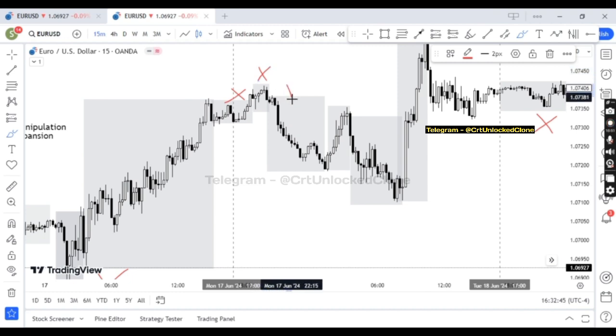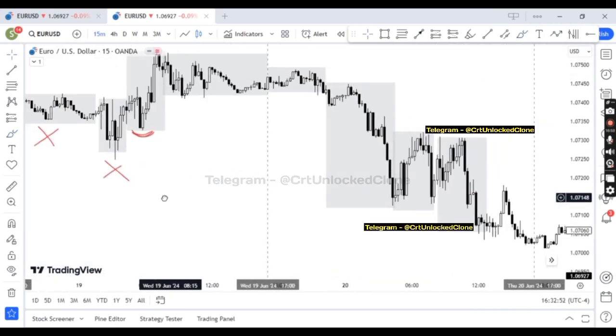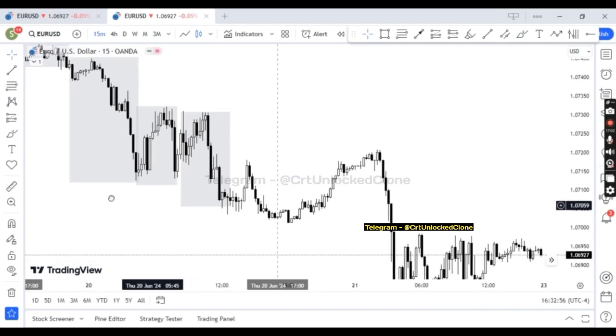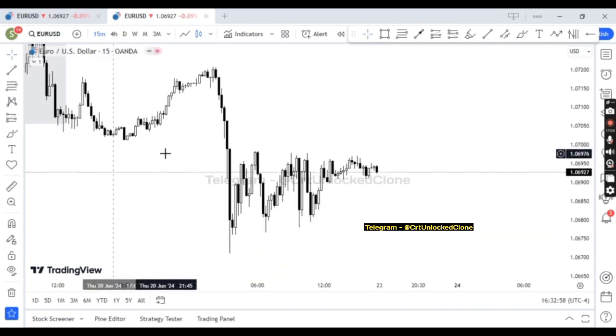Only traded the expansion profile and reversal profile from here, right? This is how you use market profiles with opening times to expect certain expansions or to avoid certain market conditions or certain market profiles based on past market profiles, right?